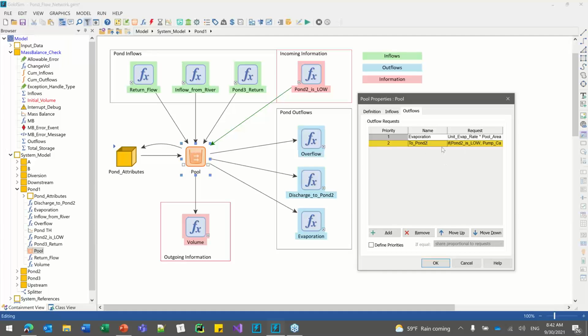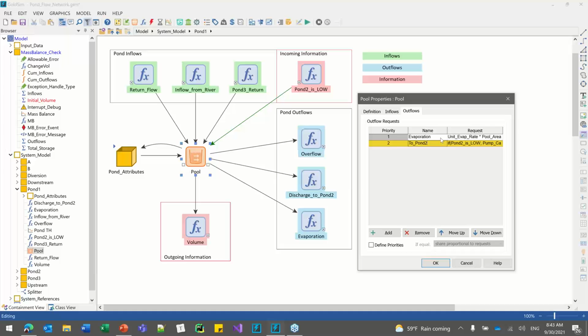Evaporation is a function of the volume in the pond, right? Immediately it's a function of the water surface area of the pond, but that is ultimately a function of its volume, because we have a volume to area relationship table that we're using to calculate the water surface area on this pond.